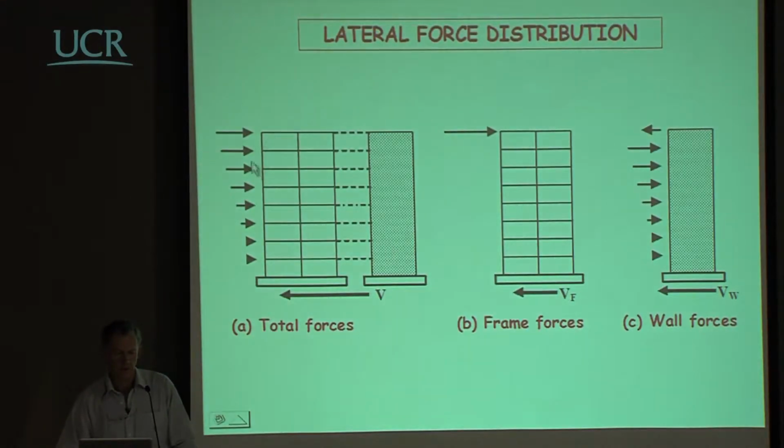So what we're looking at now is the structural system that we're modeling: frames linked to walls by slabs which are infinitely rigid in plane but infinitely flexible out of plane, subjected to a lateral force vector, which we will get eventually from the displacement-based design.